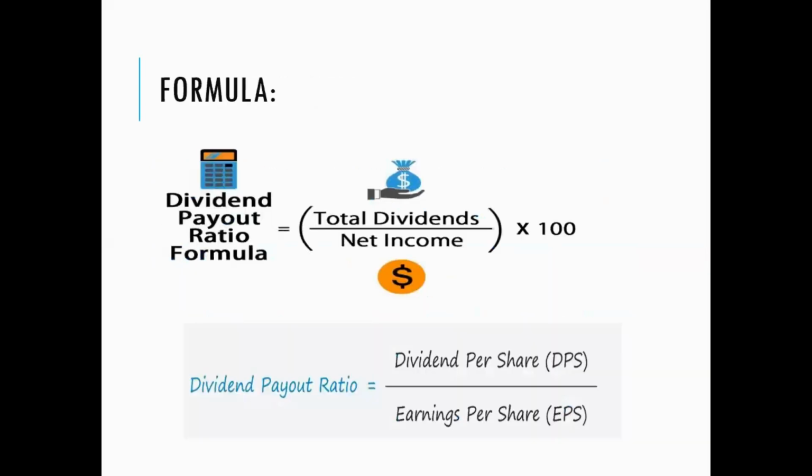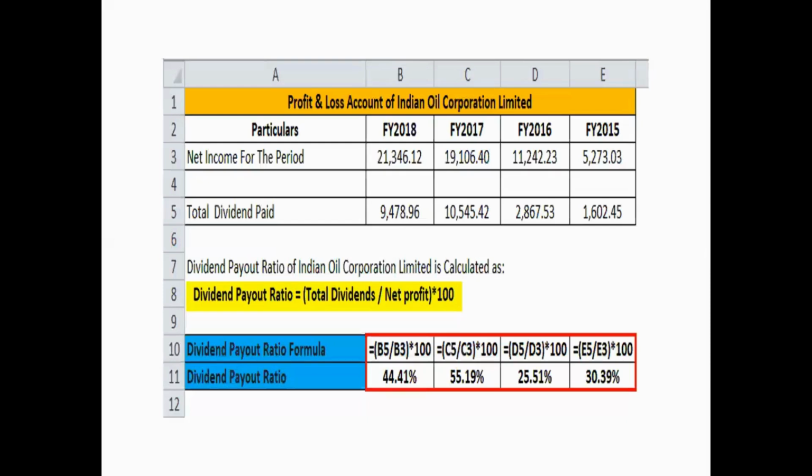Dividend payout ratio formula: total dividends divided by net income into 100, or the other formula, dividend payout ratio equals dividend per share divided by earning per share. Here we are calculating the dividend payout ratio of Indian Oil Corporation Limited.